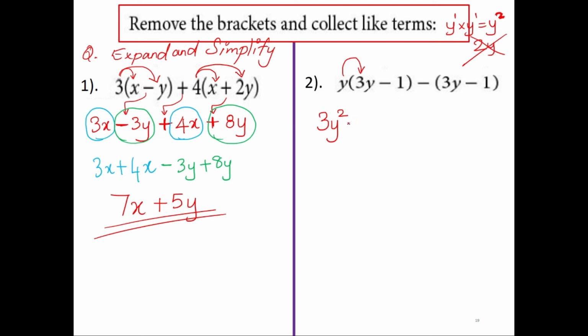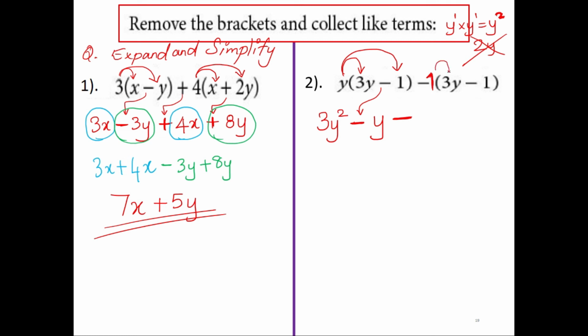Now 3y squared, drop down the same sign, minus y getting multiplied with 1 gives you 1y or just y. Now you have a negative there. So negative here, it just means that there's a negative 1. So even if there are no numbers, you can consider it to be a negative 1.